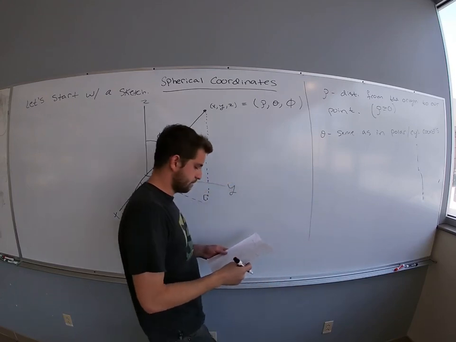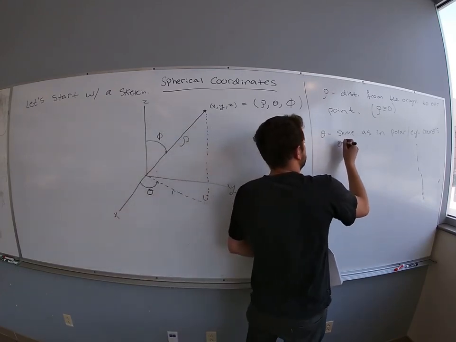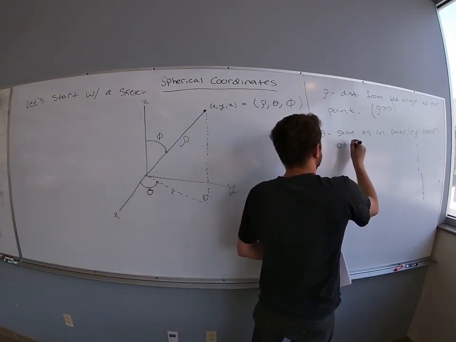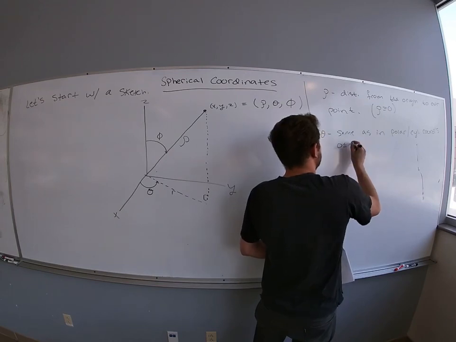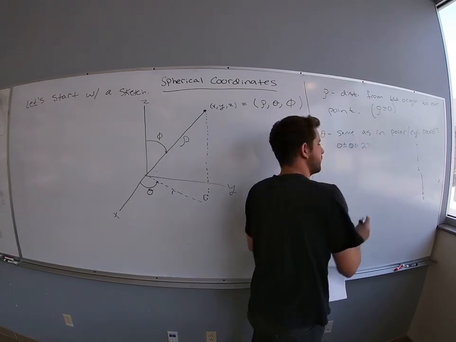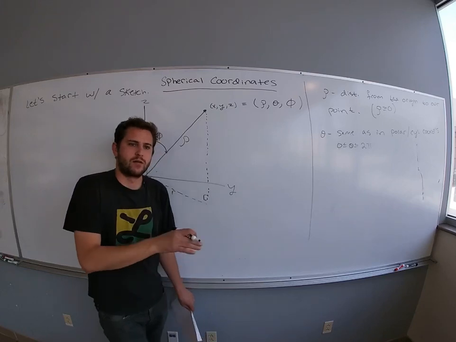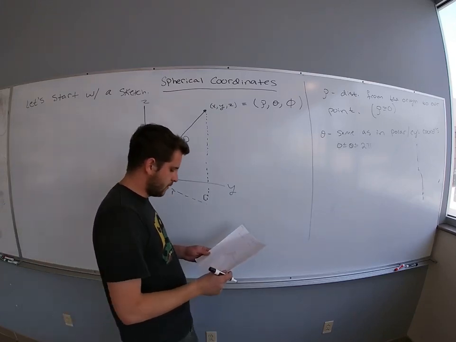Okay? And let's let theta run between 0 and 2 pi, because we know that we can just continuously wrap around and it'll be the exact same angle, okay?